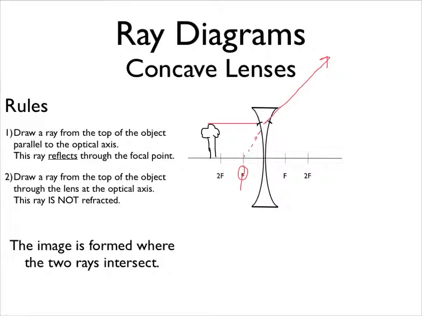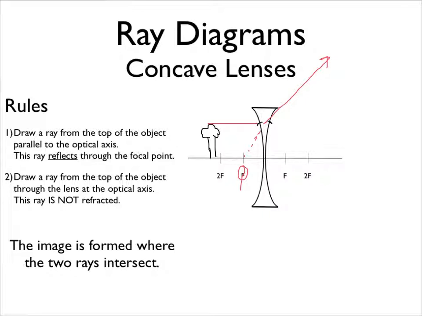We're going to draw a ray from the top of the object through the lens at the optical axis. And so we want to draw our ray from the top of our tree here through the lens at the optical axis. So let's draw that. And this ray is not refracted.